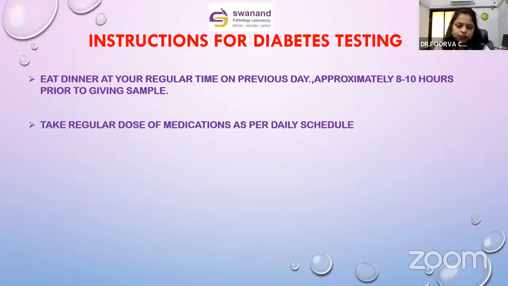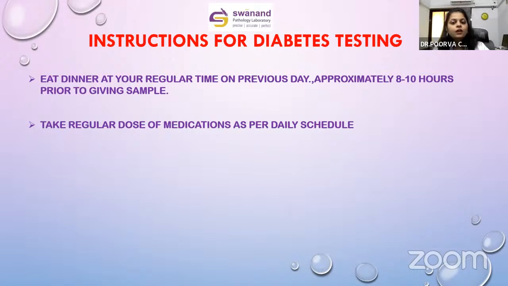Whatever your medications are there, please take them as per your daily schedule. Because in 99% of cases we have to assess what our medications are doing on our health, whether they are working or whether they are not working. So we have to test with all our regular dose of medications.